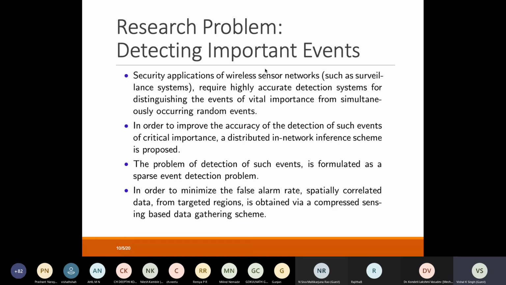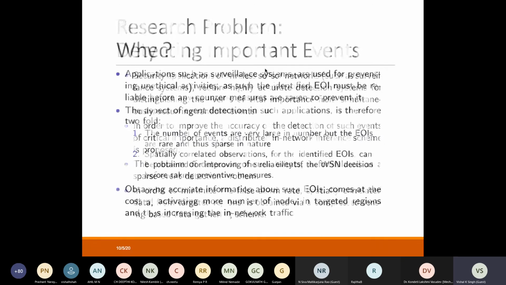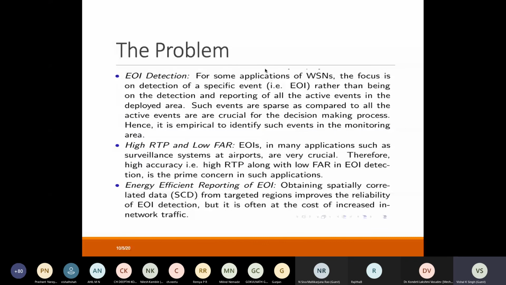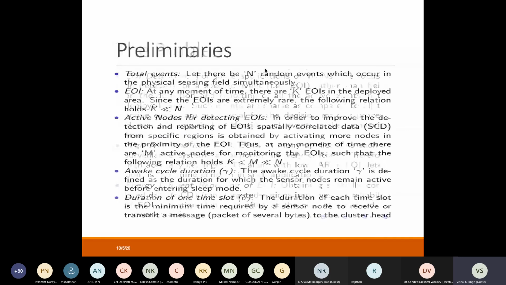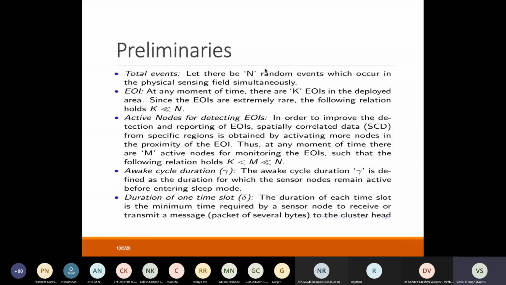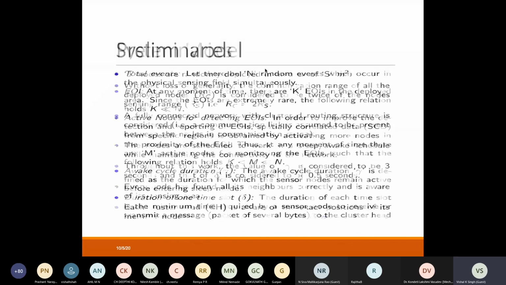But no, it will not be discarded. This problem of anomaly detection, or detection of important events, was considered by us, and a model was proposed for scheduling the nodes in such a way that the persistence period was defined, the EOI was defined, the detection, the awake cycle, the duration of time slot, everything was defined.